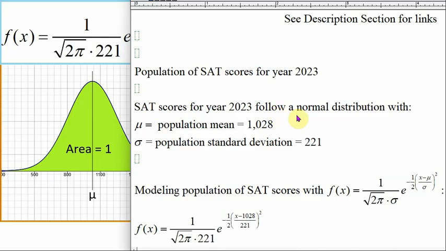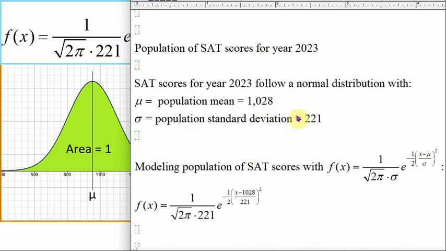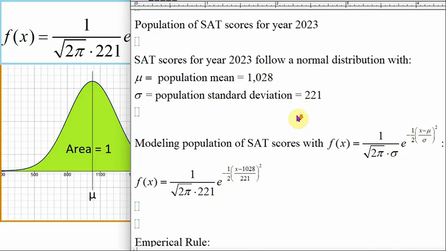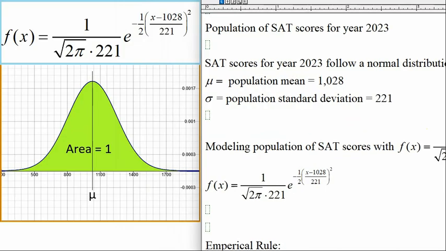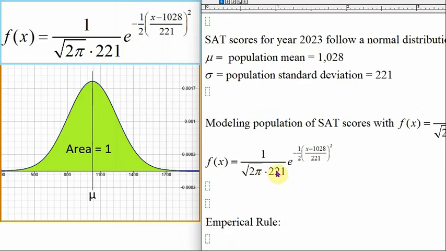And so we can model the population of SAT scores with this function right here, using 221 for sigma and 1028 for mu. And then the function would look like this. So this function right here would be for the population of SAT scores.